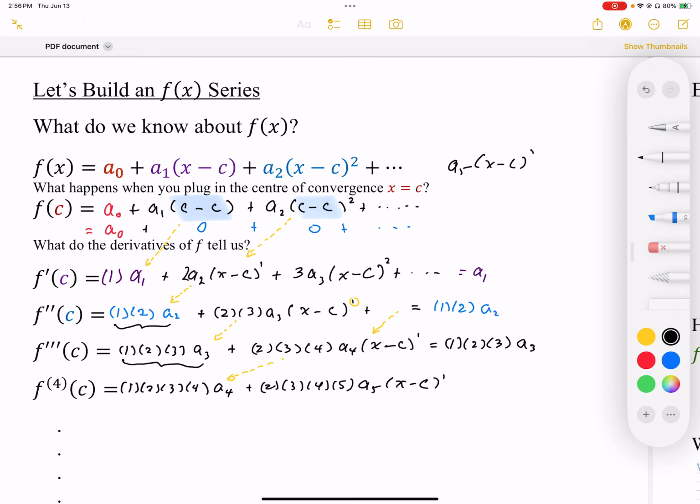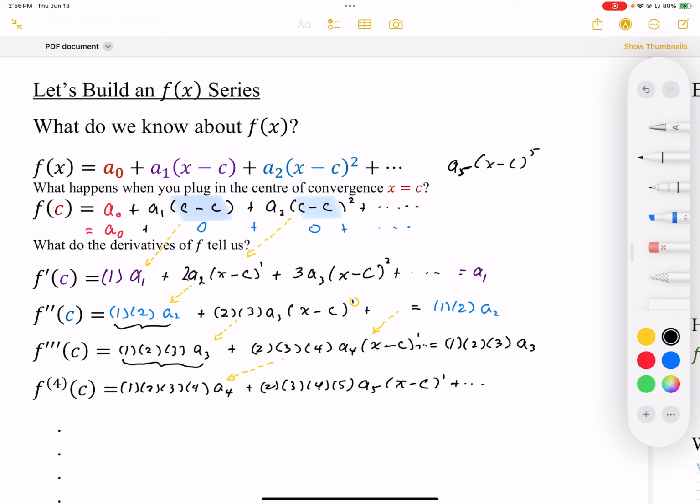It started off as a power 5 part of that function, but as we differentiate, we're going to get all those coefficients with a5, and you can see that the next time we differentiate that, we're going to lose that x minus c term, plus dot dot dot.